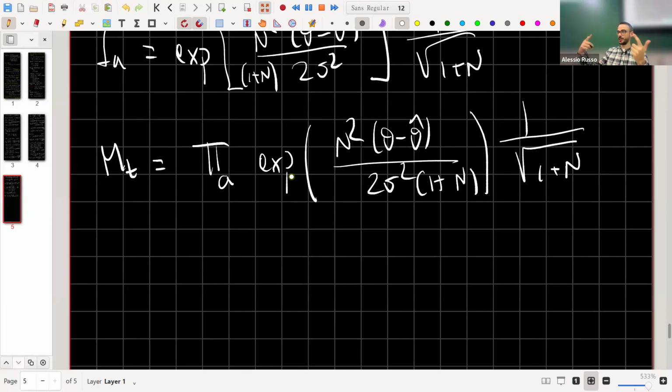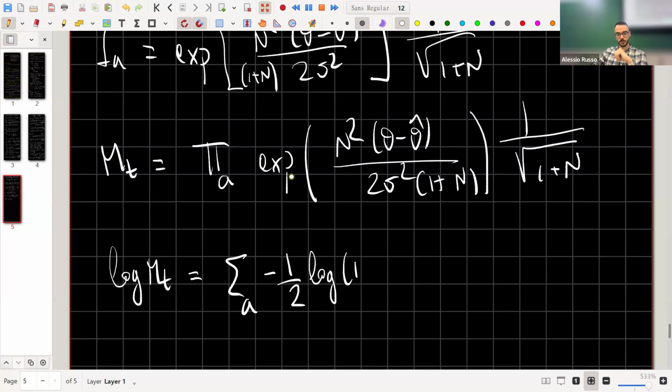So going back, the original idea was we need to take the logarithm and find the lower bound on MT. So let's take the logarithm. So logarithm of MT will be equal to minus, so we have a sum over actions of minus 1 over 2 log 1 plus n at.